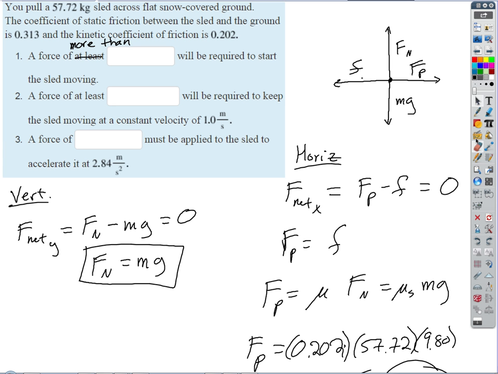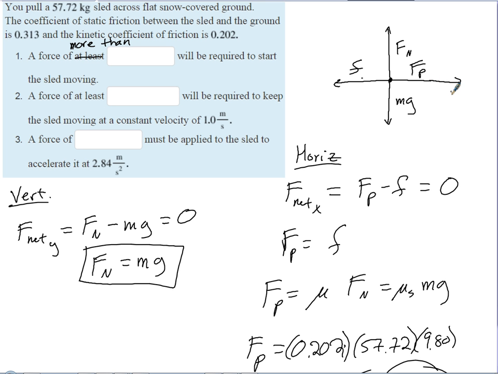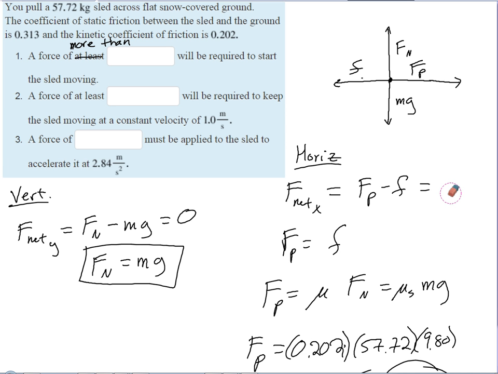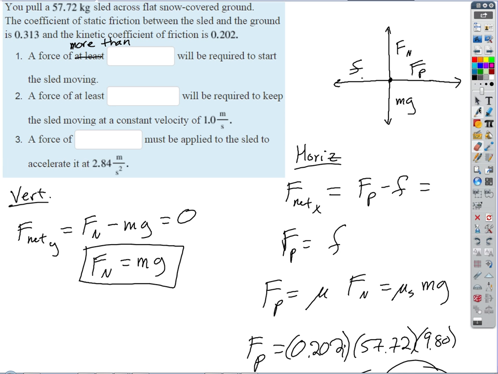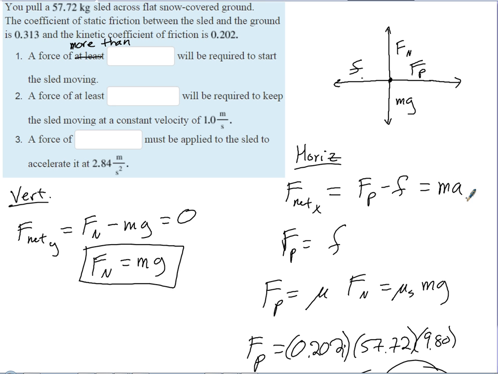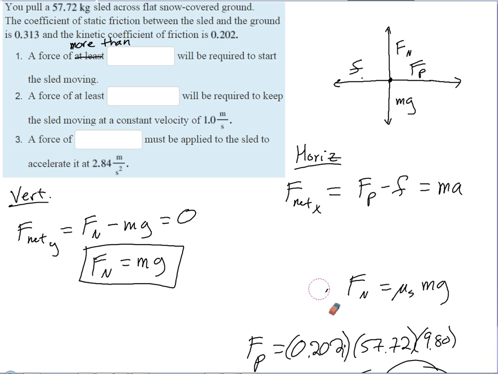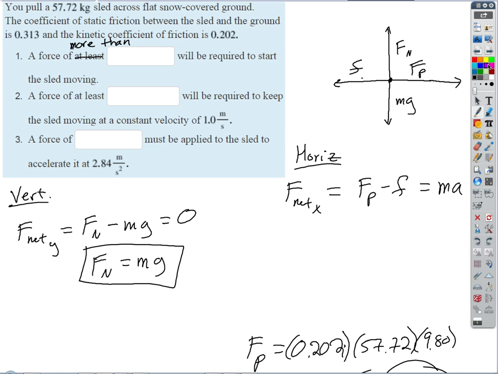So this vector is going to be longer, and this is no longer equal to 0. It's now equal to the net force, ma. Good. I'm really just trying to solve for F sub P, so I'm going to erase some stuff here, and I'll change colors so we can see the difference.